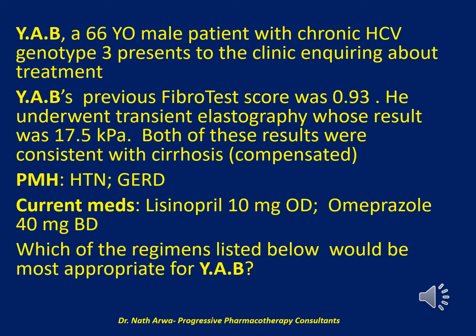He underwent transient elastography, whose result was 17.5 kPa. Both of these results were consistent with compensated cirrhosis. He has a past medical history significant for hypertension and GERD. His current medicines include lisinopril 10 mg once daily and omeprazole 40 mg twice daily.